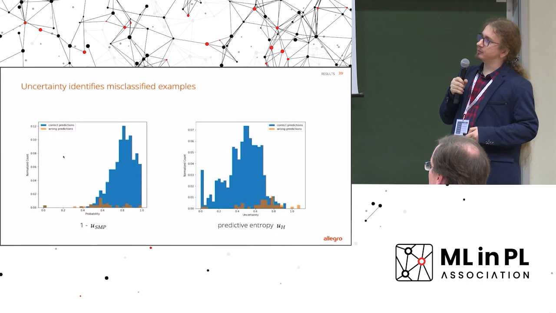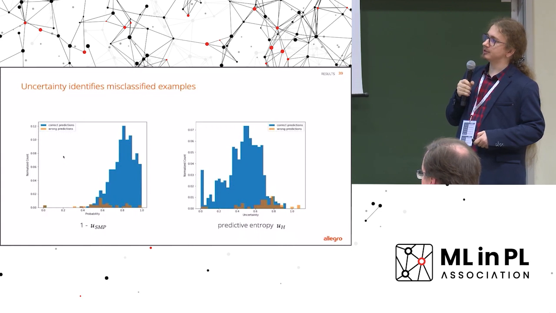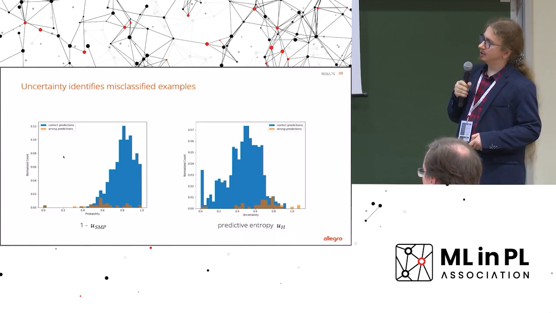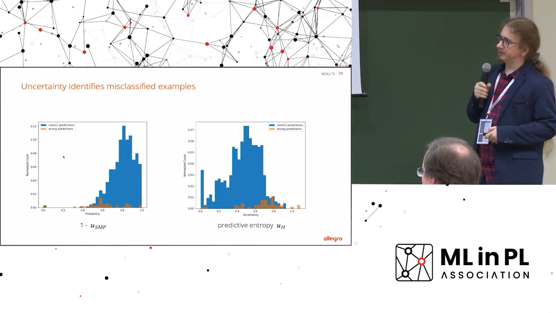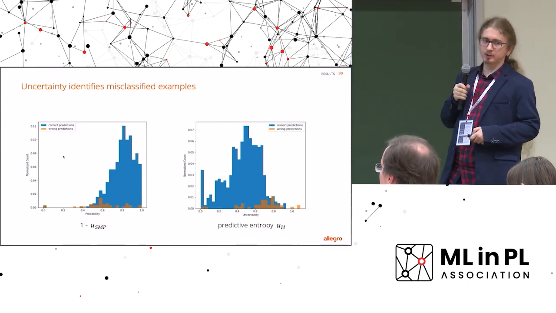This is again the same plot as on the last slide. So this is basically 1 minus this USMP uncertainty measure, because we have probability here. But we can do the same thing with the entropy measure.